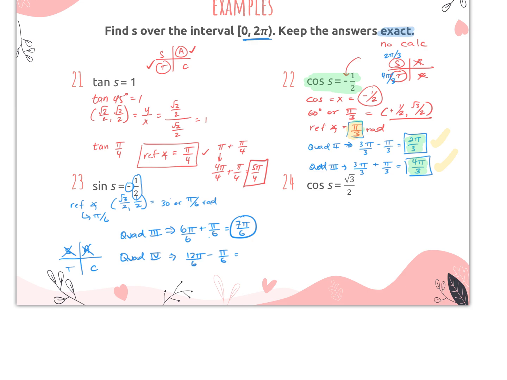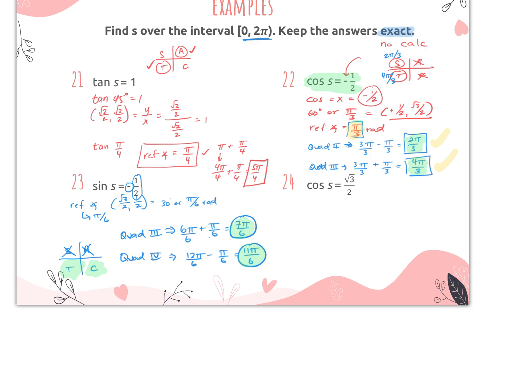That simplifies to 2 pi, but it helps me do my math and gets me 11 pi over 6. So these are my two solutions for this problem. In quadrant 3, 7 pi over 6, and in quadrant 4, 11 pi over 6 has a sine of negative a half.